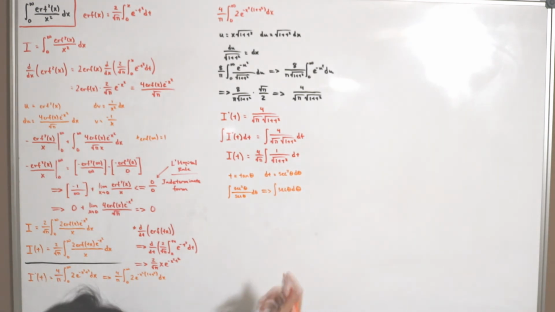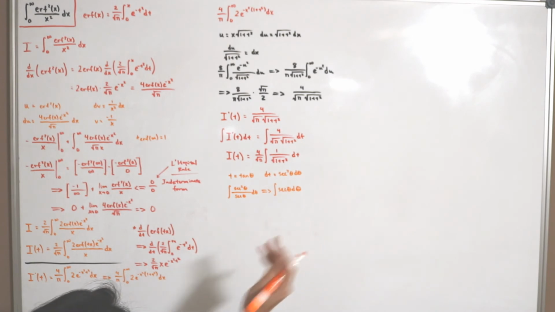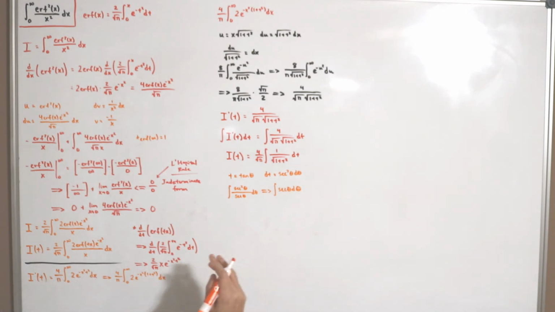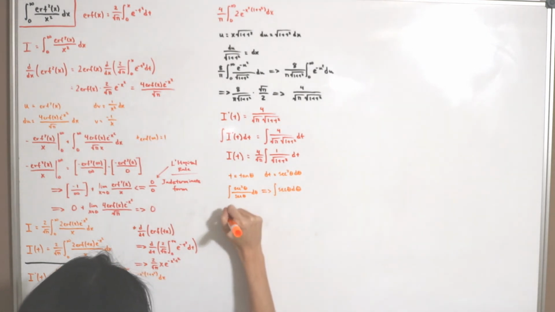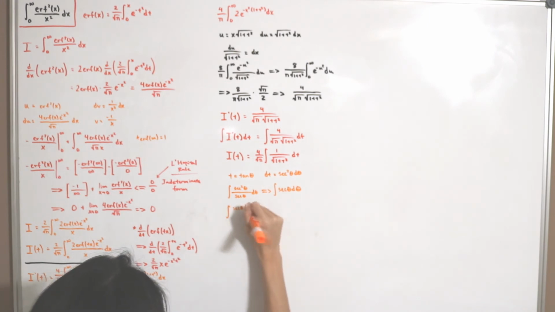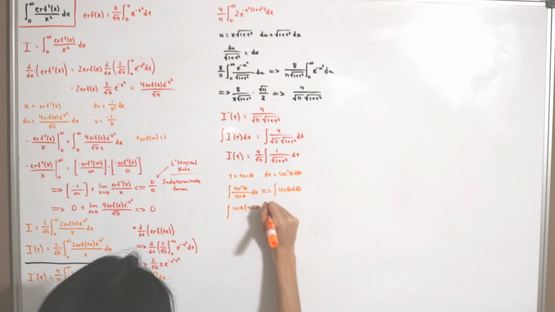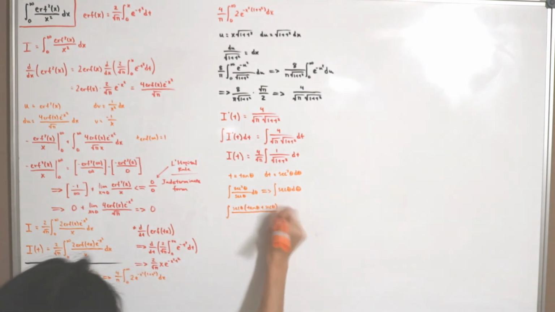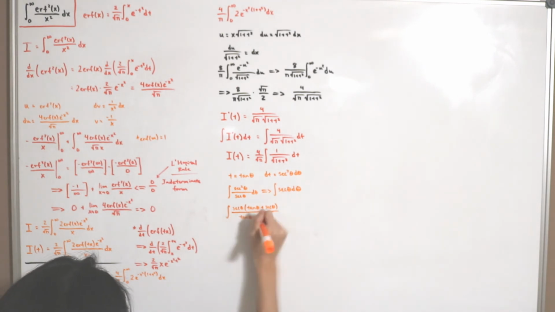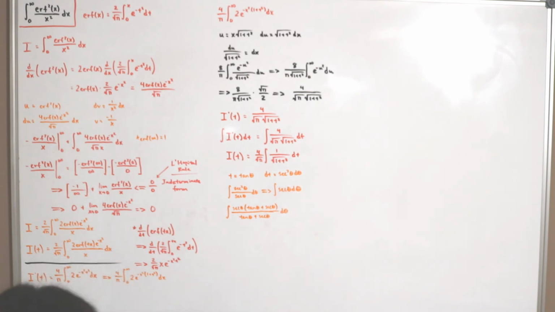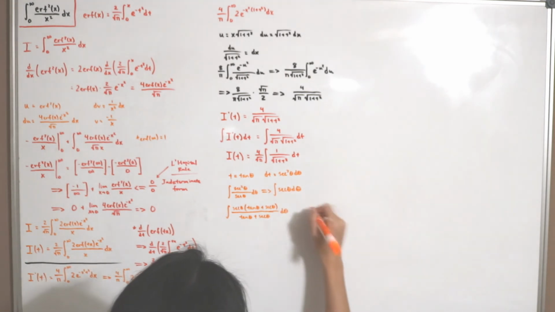So to integrate this, let's expand this a little further. I'm going to multiply and divide by tangent theta plus secant theta. So over here, that means secant theta multiplied with tangent theta plus secant theta, and I said divide, so tangent theta plus secant theta d theta. Okay, so let's do the u-substitution from here.